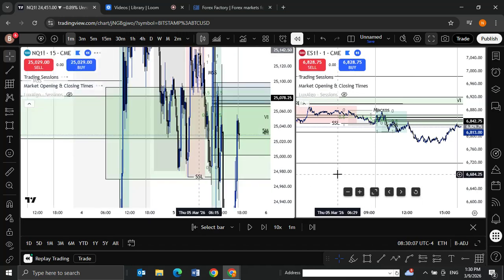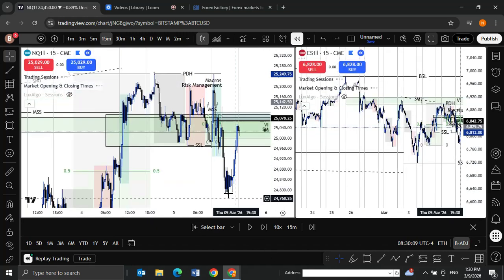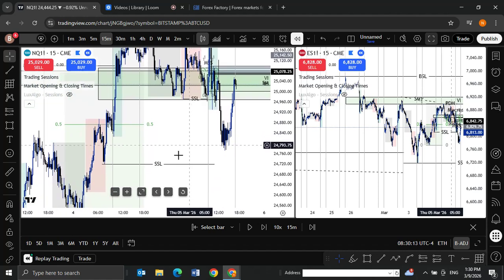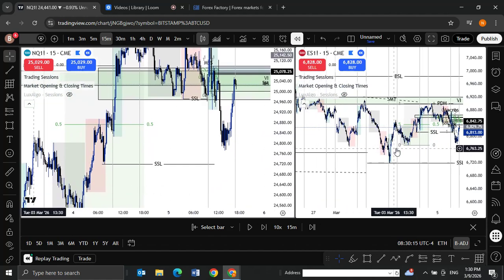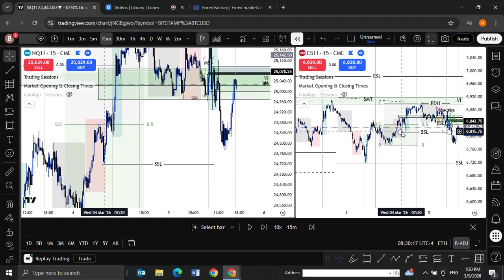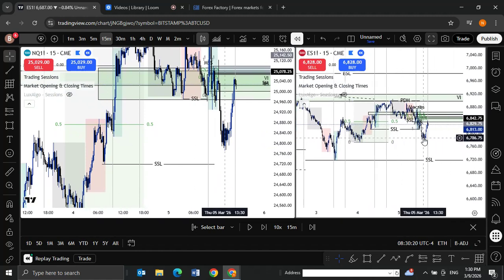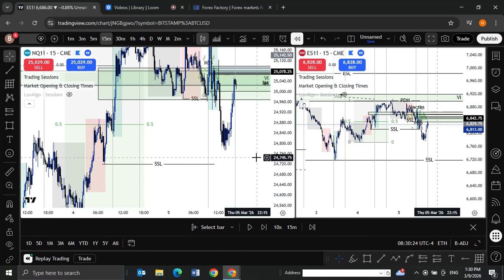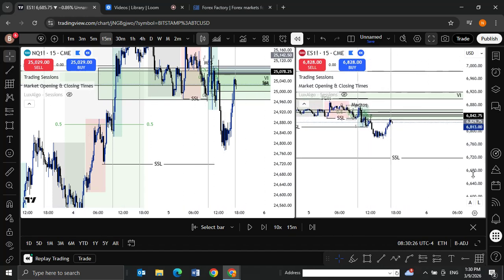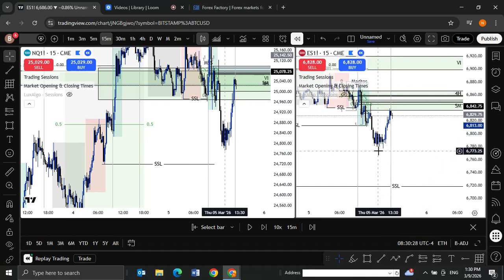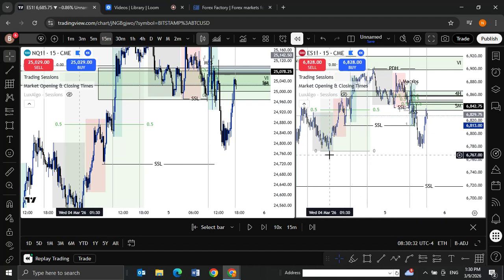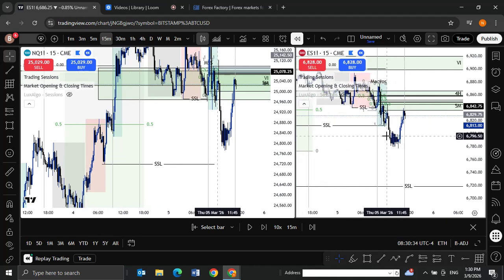Let me quickly just. Yeah, that's pretty much the trade. Okay, it created SMT as well. Yeah, previous low was not taken. Price just started to accumulate. So that's pretty much it.